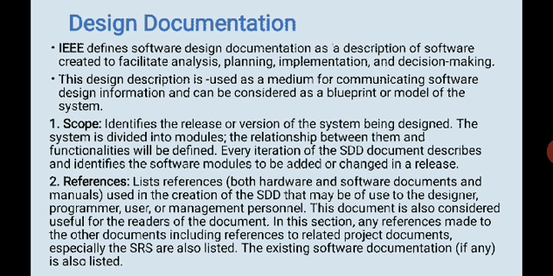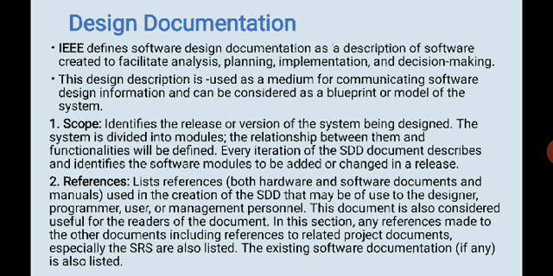Okay, then we come to design documentation. Anything, software, when we started in our first lecture in Unit 1, we said that software is program plus documentation. Right, so every stage has documentation. The requirement has documentation, that was the SRS, software requirement specification, and design also has to be documented, right?